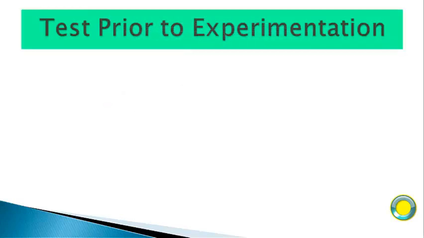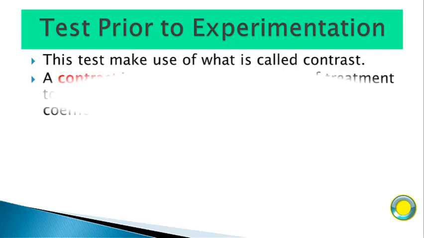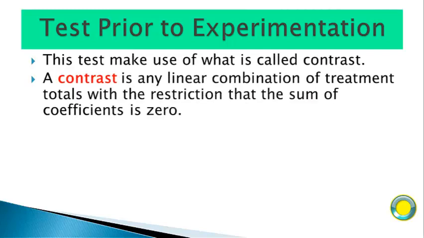Test prior to experimentation. This test makes use of what we call contrast. By contrast, we mean any linear combination of treatment totals with the restriction that the sum of coefficients is 0.